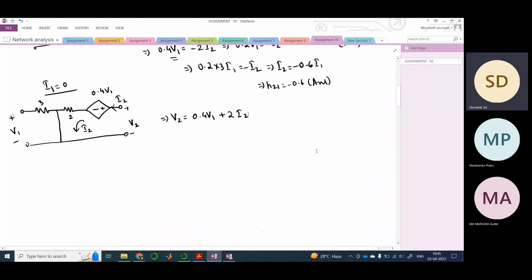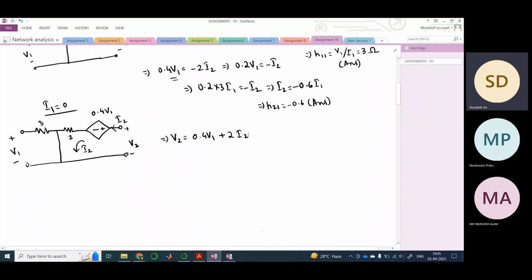Okay. Now let us apply a KVL in this mesh. So this mesh is open because I1 is 0, but let us apply, right? See, this is very interesting. So what is the KVL here? It is 3I1 plus there is no resistance here, so therefore we can't write I2, right? And since this is 0, therefore V1 is 0, right?